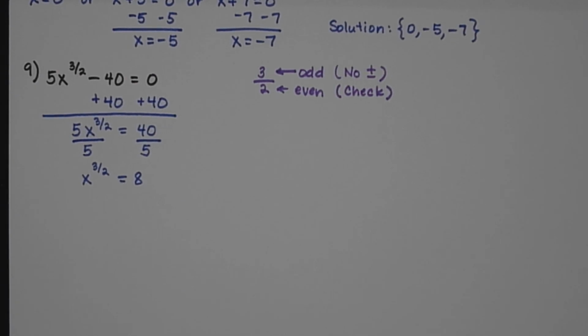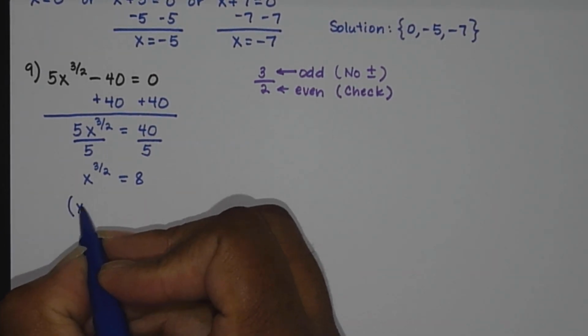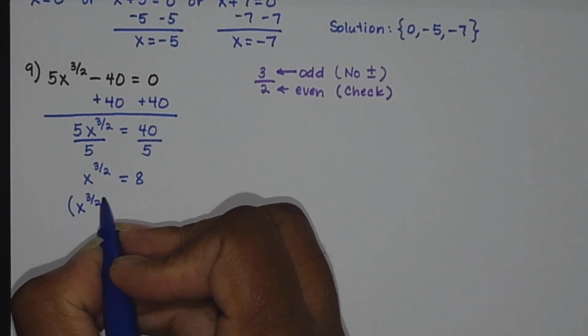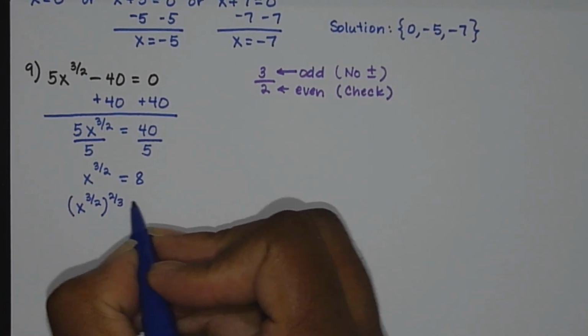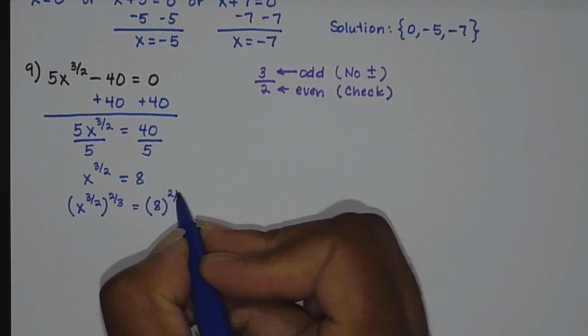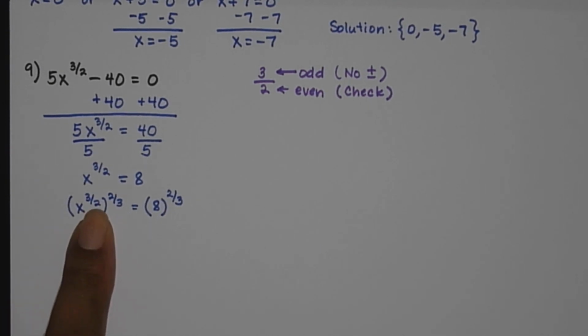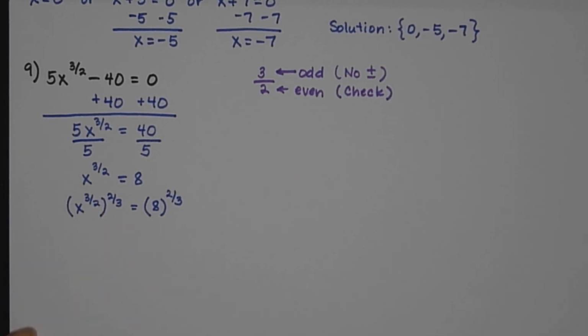Now, that exponent of 3/2, what would be the reciprocal of 3/2? 2 over 3. So I'm going to raise both sides of this equation to the power of 2/3. And this 8 would be to the 2/3 as well. So when you're raising both sides to the reciprocal power, on the left side, 3/2 times 2/3, you're raising a power to a power. When you multiply 3/2 times 2/3, that's going to be a 1.